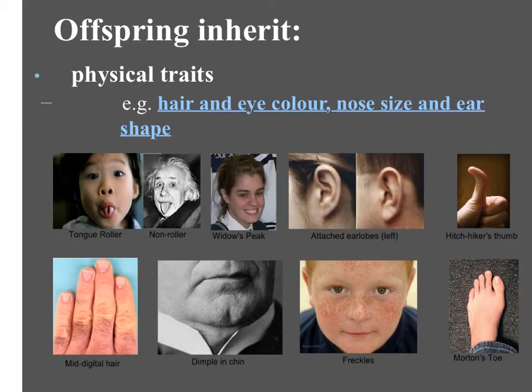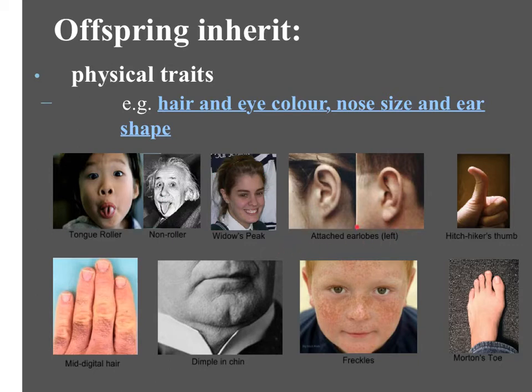Here are some traits that you might not have thought of. The ability to roll your tongue is actually a trait. Can you do it? Some people cannot physically do it. There's also a widow's peak, so that's that sort of pointy hairline. Do you have a widow's peak or do you have a flat hairline?